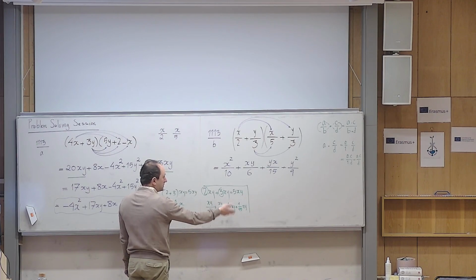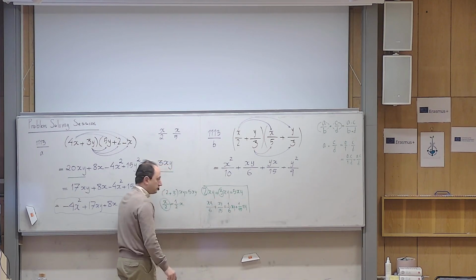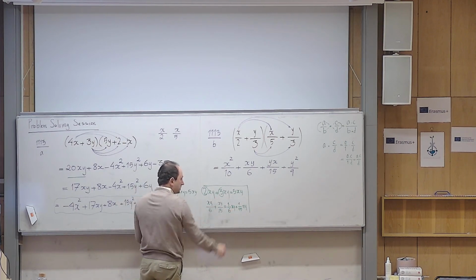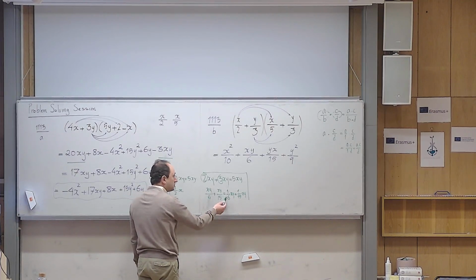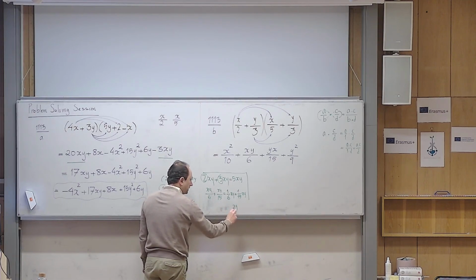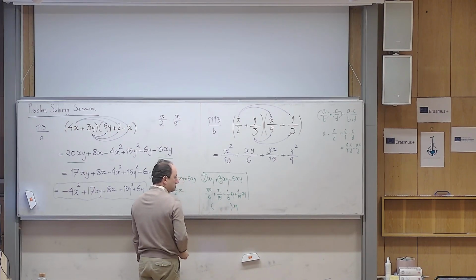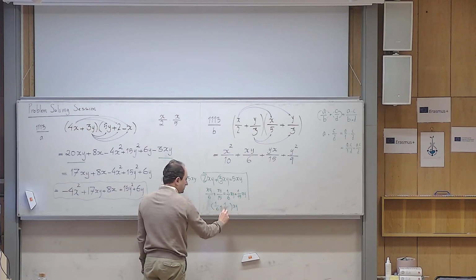I want to do the same thing as I did before. The previous problem was so simple, I could do it in my head immediately and answer 5. Here, the coefficients are not that simple, but I will use the same method: I put xy here, and I add the coefficients.